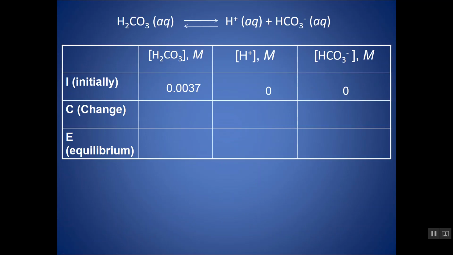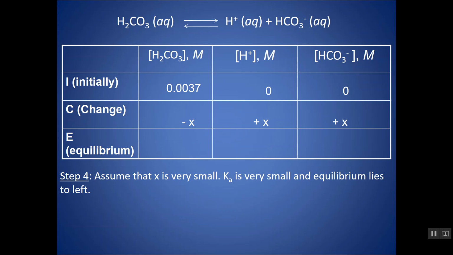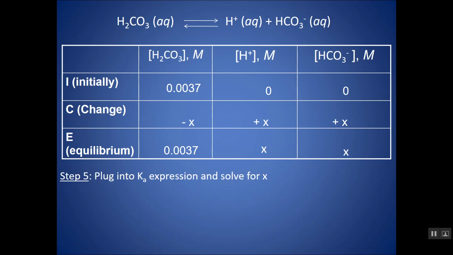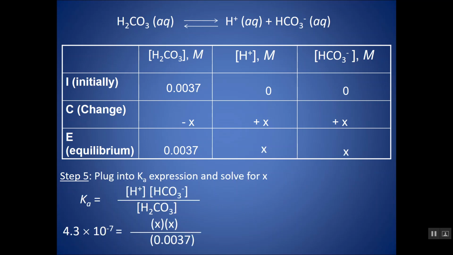I can do an ICE box where I have my initial. I'm going to use my 5% rule that I just said I can use, so that first box just becomes 0.0037, and I get X and X, and I can plug into my Ka, and hey, wait a minute, I could have used that shortcut, right? Now I'm treating it as a monoprotic weak acid that has that 5% rule.